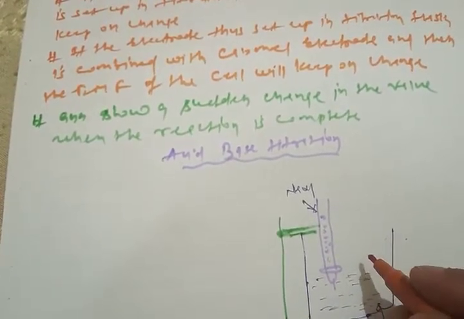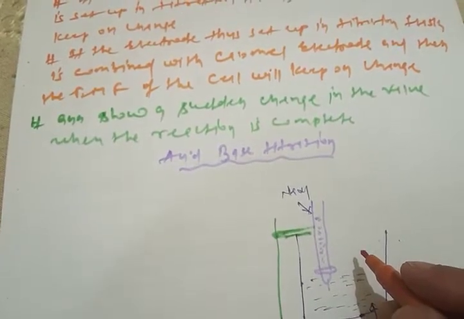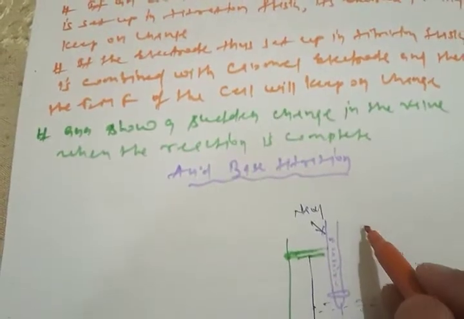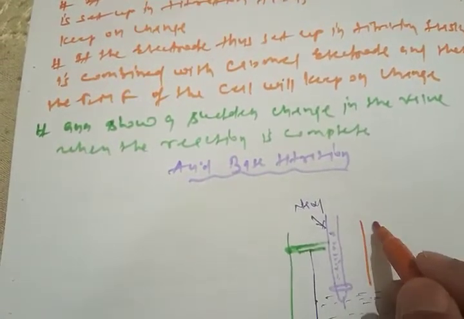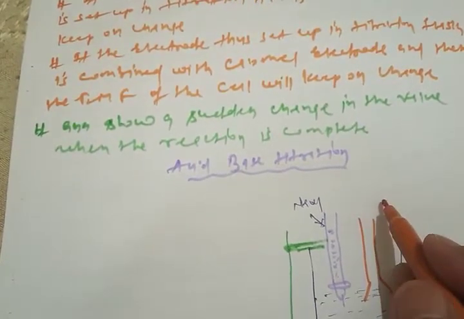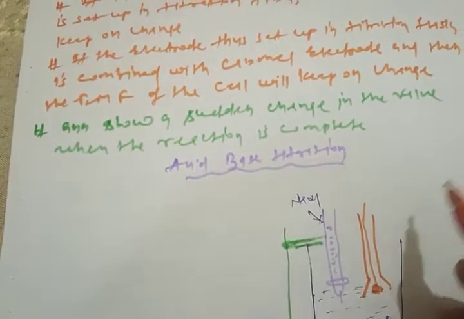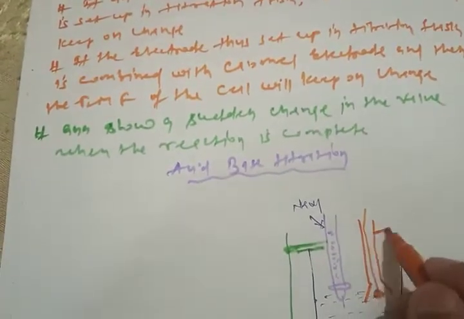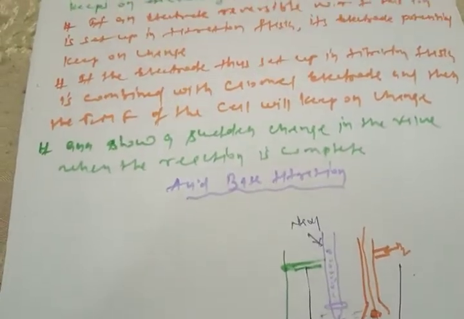All these electrodes are considered hydrogen electrodes, so you can take any one of them. So here I'm going to take an electrode, and here the hydrogen, at 1 atmosphere pressure.